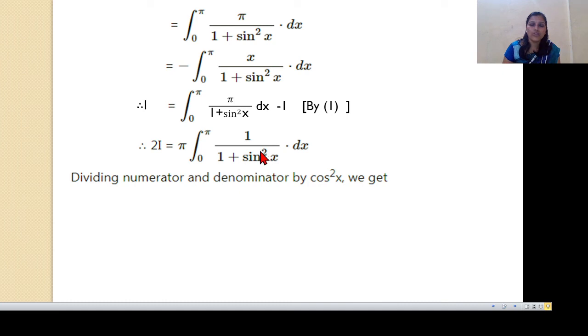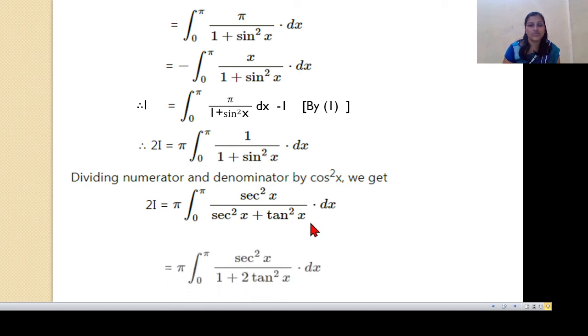So to solve this integral, we are now going to divide the numerator and denominator by cos square x. So after dividing by cos square x, we have 1 upon cos square, that is sec square. Similarly here 1 upon cos square is sec square, and sin square upon cos square is tan square.